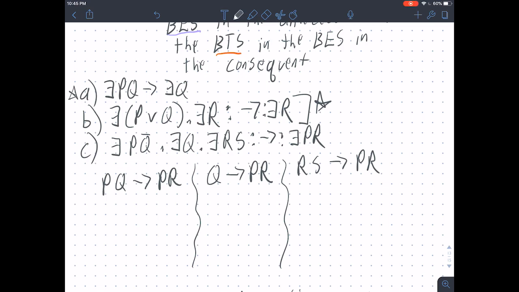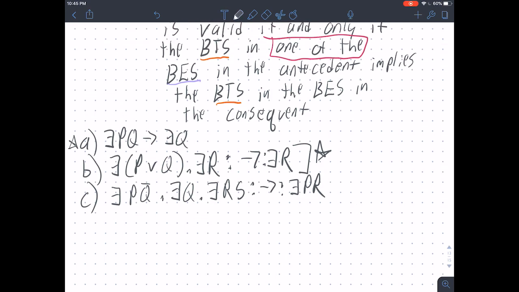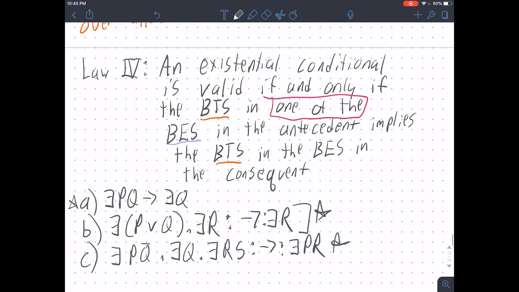Okay, one second. Yeah, I'm pretty sure. Again, I don't have space to do all the truth value analyses on these, but I'm pretty sure that none of these are going to come out valid, and so C is not. The whole existential conditional in C, I'm pretty sure, is not valid.